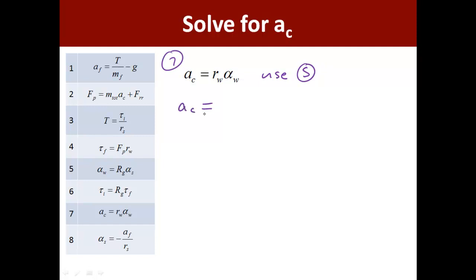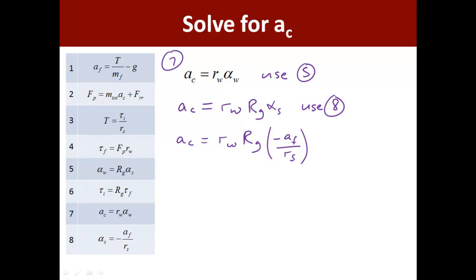And we will now have AC is equal to RW times capital R sub G, the gear ratio, times alpha S. Alpha S is an unknown. We can use equation 8 to get rid of alpha S. So AC is equal to RW, capital R sub G. Plugging in for alpha S, we'll put in minus AF over R sub S. And we can simplify that a little bit: RW over RS times RG times A sub F, and we need to get a minus sign in here.